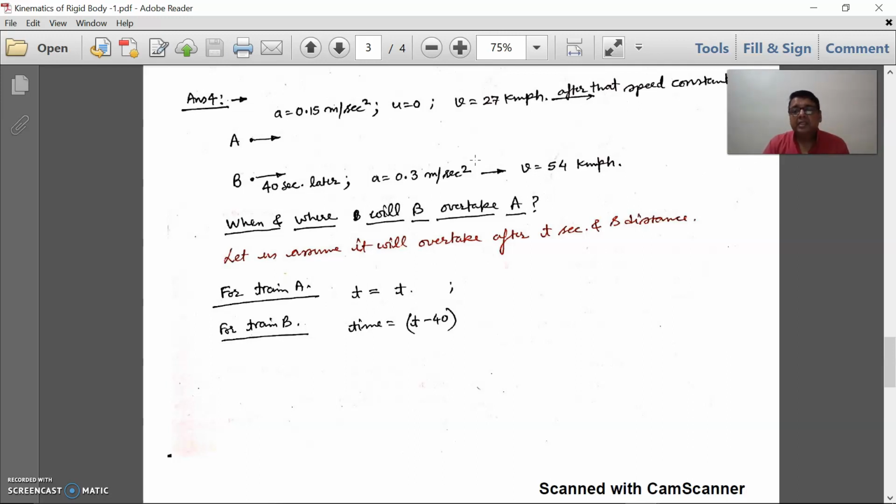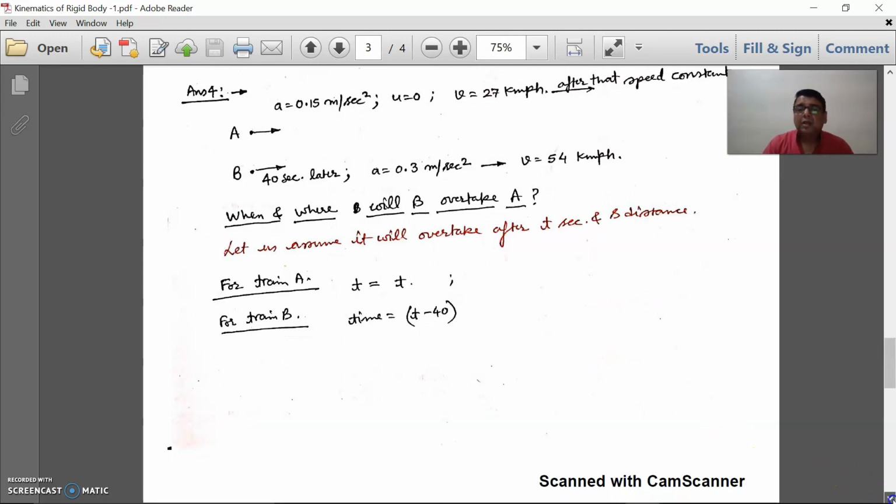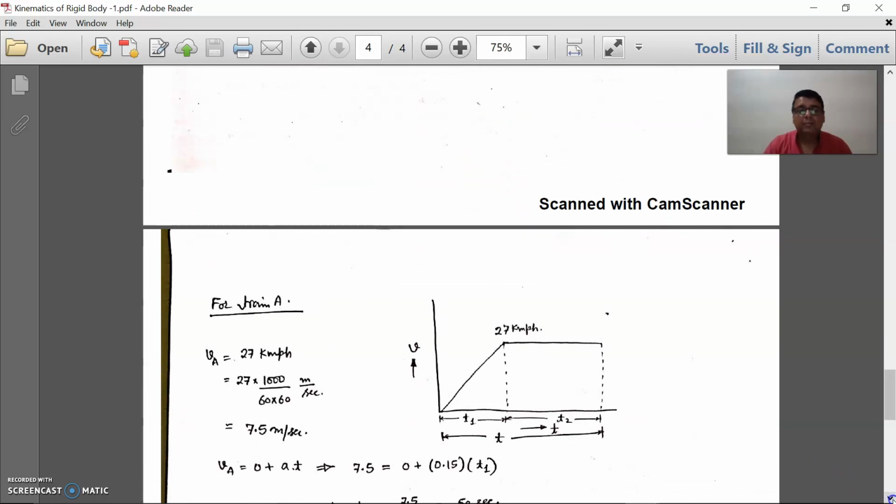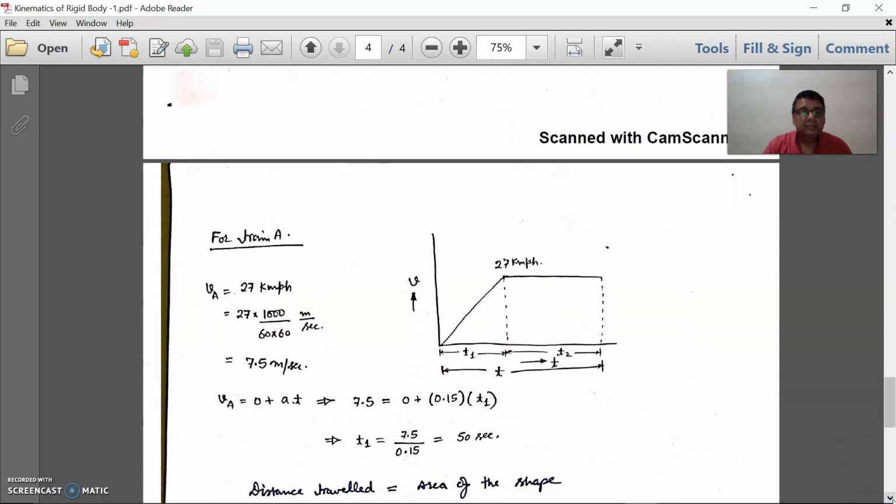So the easy way of solving this type of numerical is by drawing diagrams. We know from statics that if we draw the diagram between velocity and time, the area below the line gives us the total distance traveled by the object in that time.